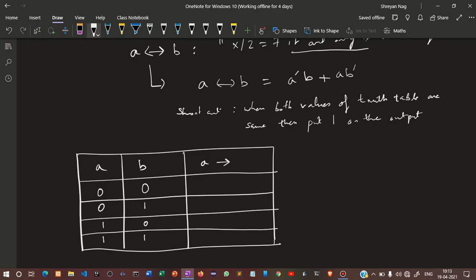When both the values are same, then put 1. Look over here, 0 and 0 are same, so put 1, and these two are also same. When there is a change, 0 and 1, and 1 and 0, just put 0 over there. So this is the truth table for equivalence.